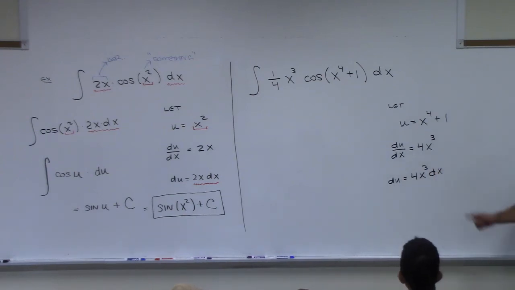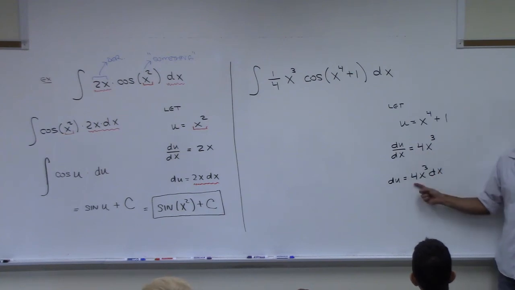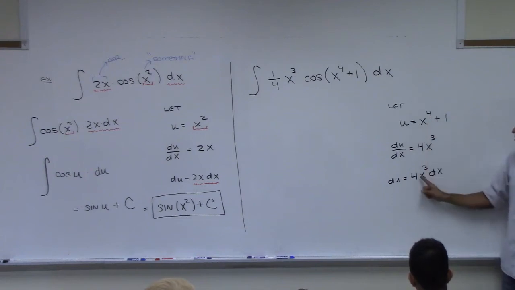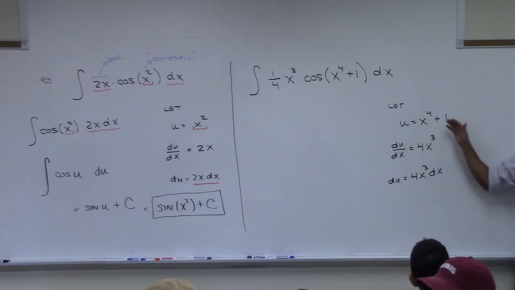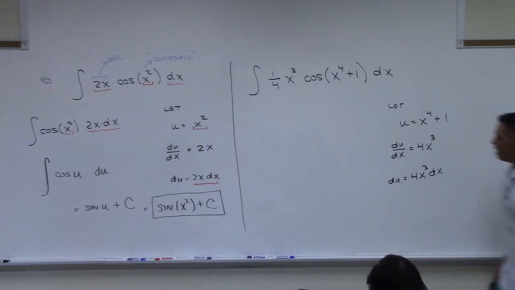There's going to come a point soon, meaning today, where I start skipping this step and I go straight to this step. I'm just going to write du, and then I'm going to write derivative of this, and I'm just going to slap a dx to the back of it, just to save us one step.